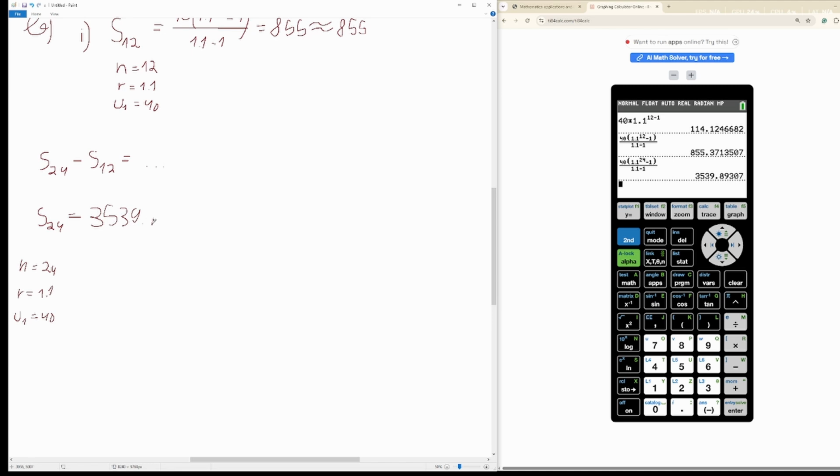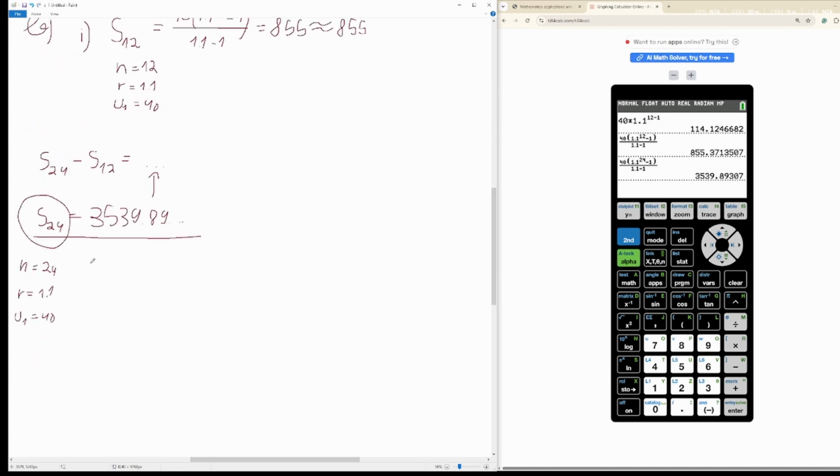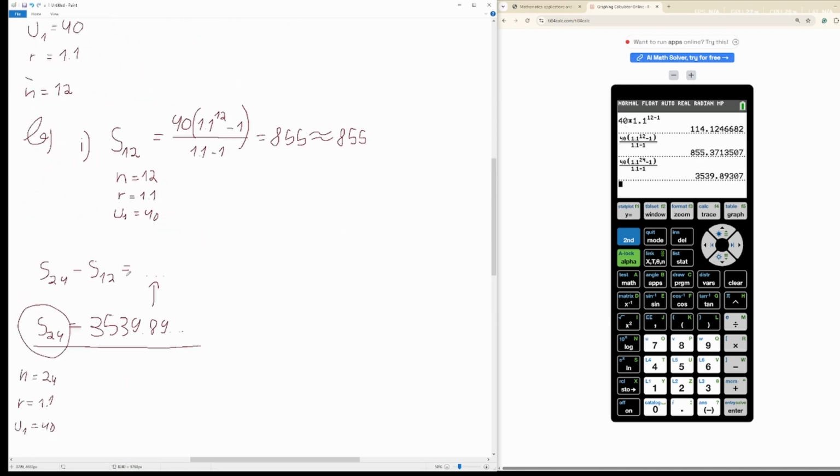And because this is not the final answer, we have to also add in the decimal places. Then we can simply take the answer from here. Since S24 is 2 years, and we only have to find 2026, we will subtract the first year from the 2 years, and then we will get 3,039.89, etc.